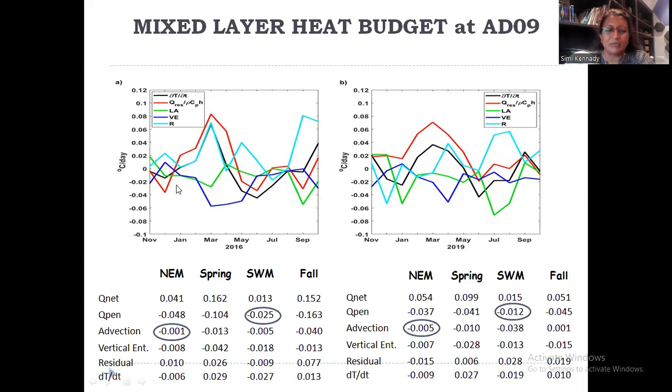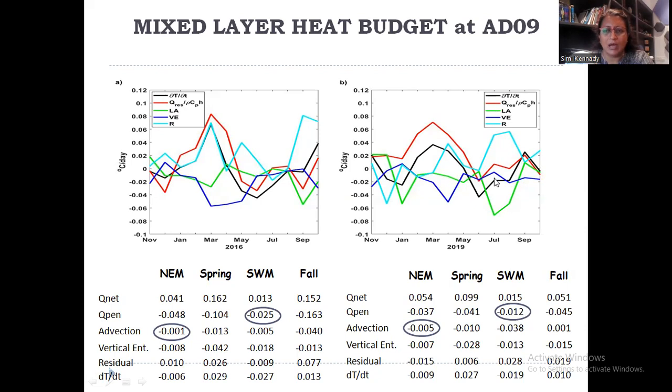And you can see the northeast monsoon season prior to 2016, the resultant heat flux is supporting the intense cooling, but the residual term is compensating that cooling. And in the 2019 northeast monsoon season, the mixed layer temperature cooling is supported by the residual term and the lateral advection, and the spring transition months almost follow the resultant heat flux, while we can see a larger contribution by vertical entrainment during the spring transition months in both 2016 and 2019, and this is almost compensated by the residual term.